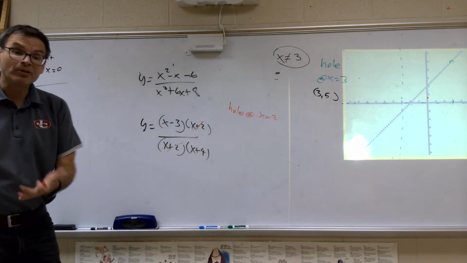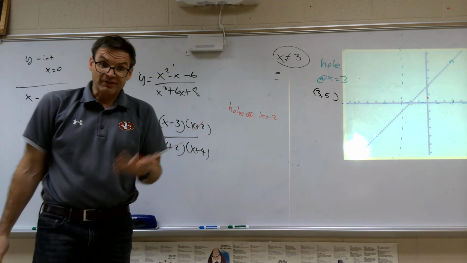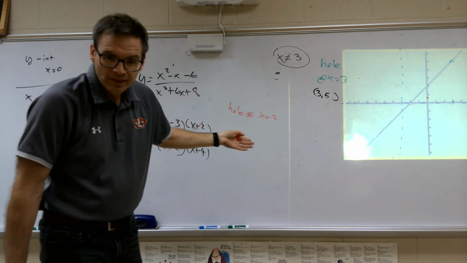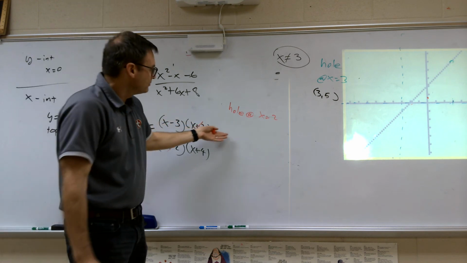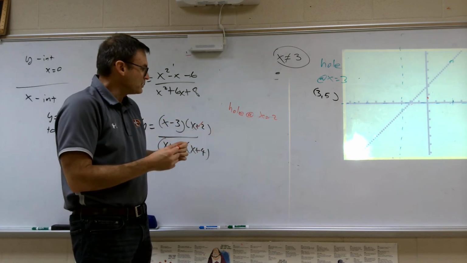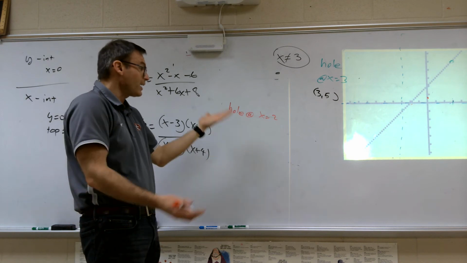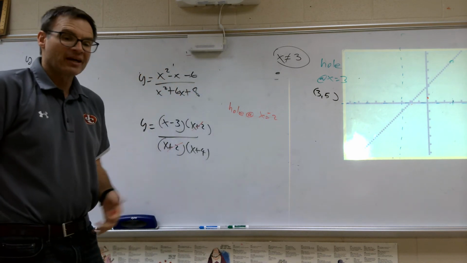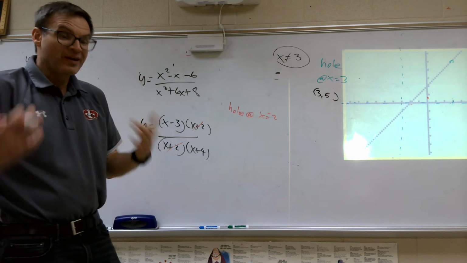Now, here's a problem. If I say, what's the hole, you have to give me a coordinate. You can't just say x equals -2. You've got to give me the coordinate.